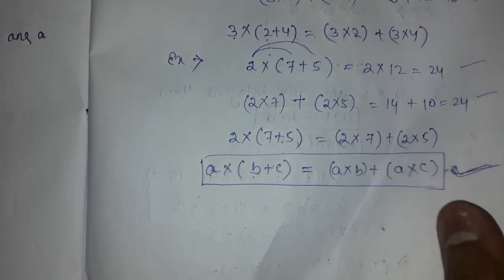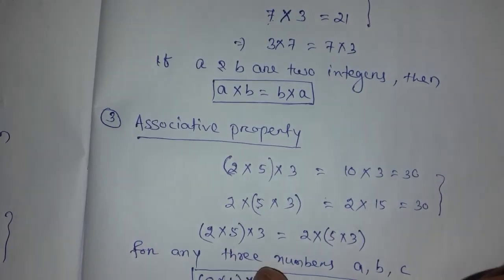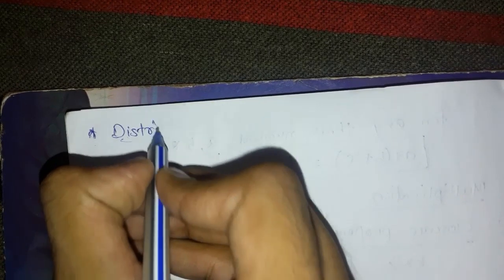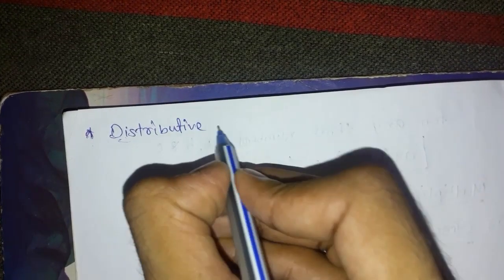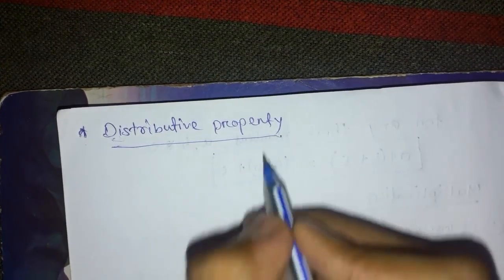Okay, then we come to the next property. That is a very special property. Why? Because both addition and multiplication will be applied here. That is the distributive property.